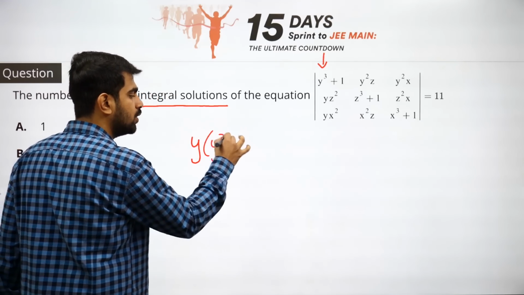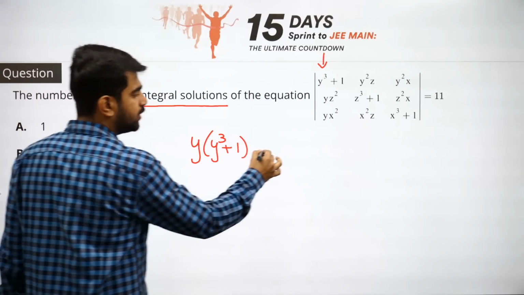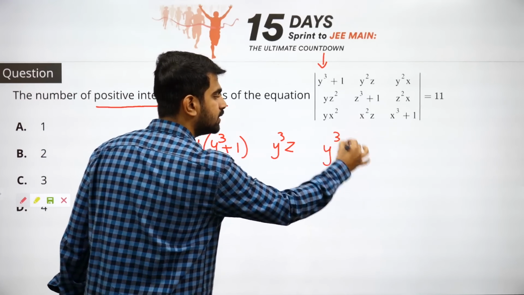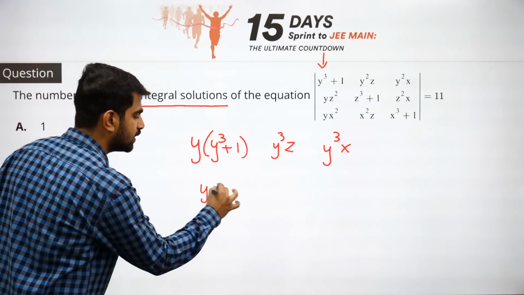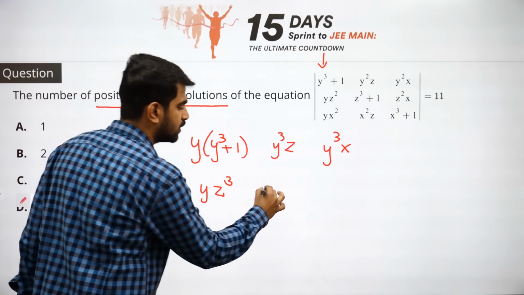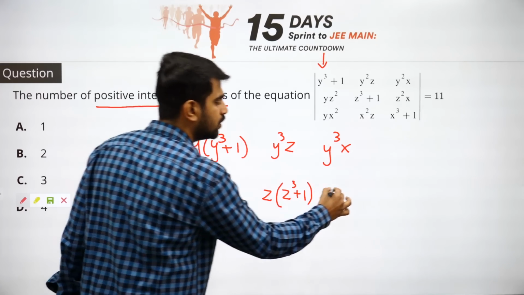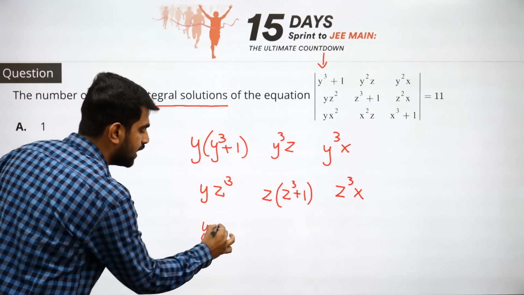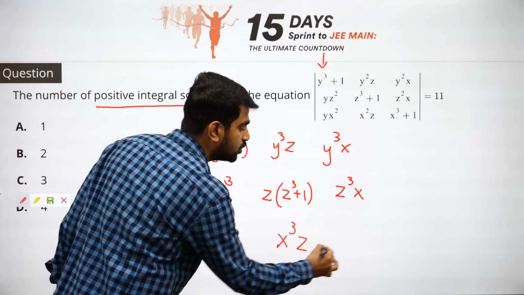So it will be y into y cube plus 1, and then you'll have y cube z, and then you'll have y cube x. Now I will multiply by z to the second one. So it will become z into z cube plus 1 into z cube x. Now I will multiply by x to the third row.